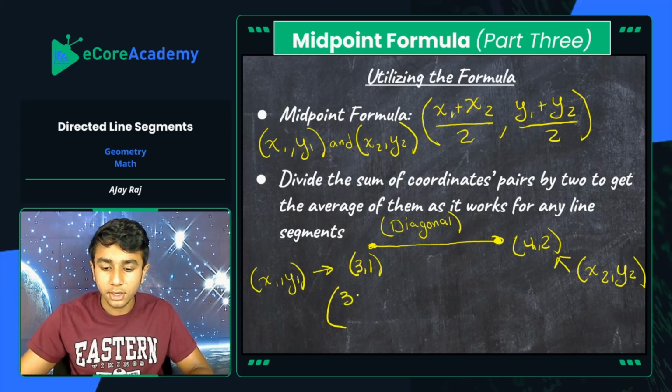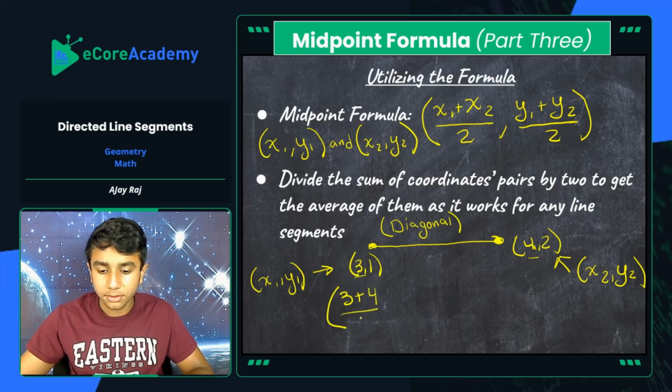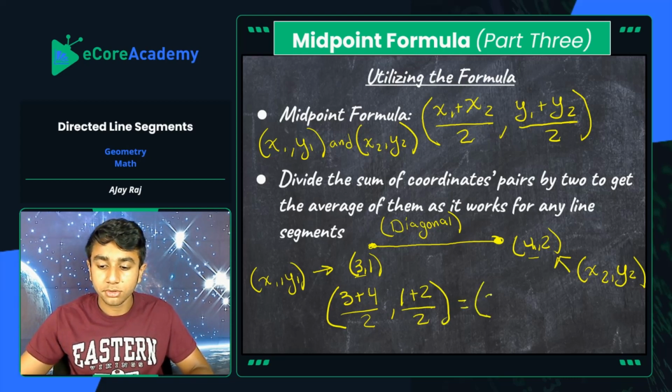Then we're going to take our x2 value here, which is 4. Add that and divide that by 2. And then put a comma separating that because it's a coordinate pair, making a new coordinate pair. We'll take our y1 value, put that on top, add that to our y2 value, which is equivalent to 2. So that's 1 plus 2. We'll divide the sum of that by 2, and then we'll simplify that. So 3 plus 4 is 7. 7 divided by 2 is 3.5. 1 plus 2 is 3, and 3 divided by 2 is 1.5.